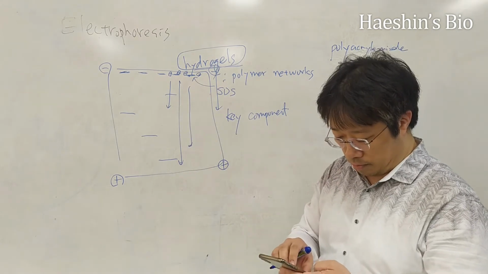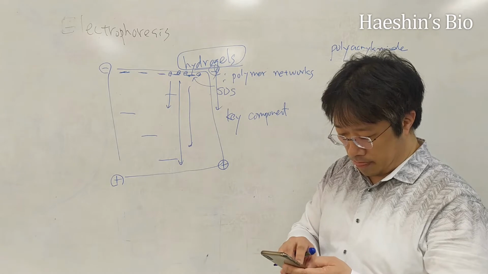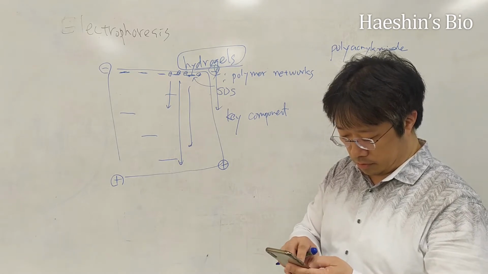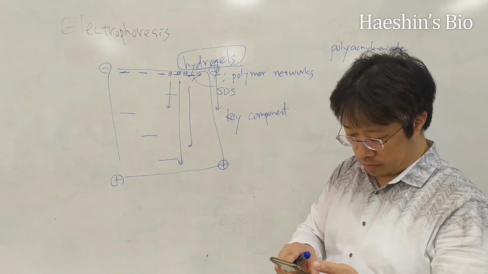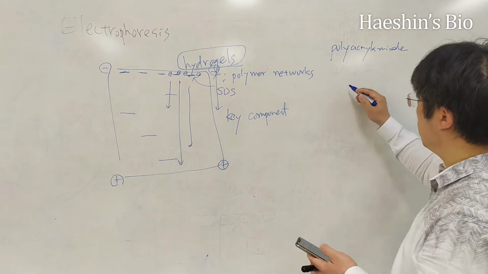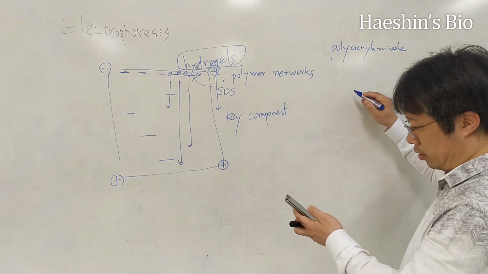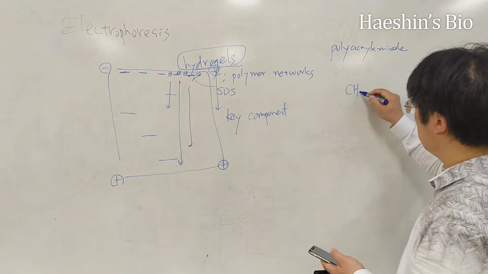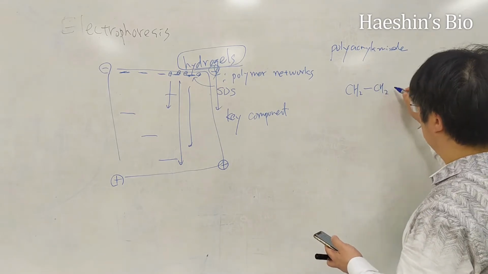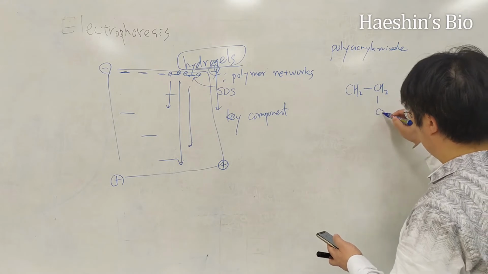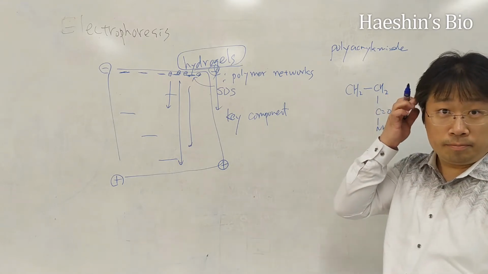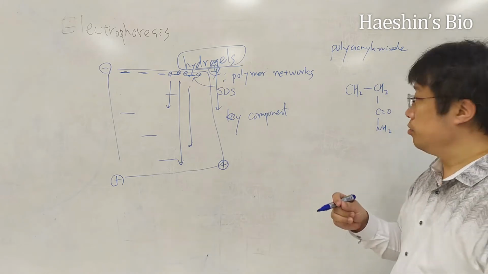Here is the structure of the acrylamide monomer, which is CH2, CH, and then the amide. So this is the monomer.